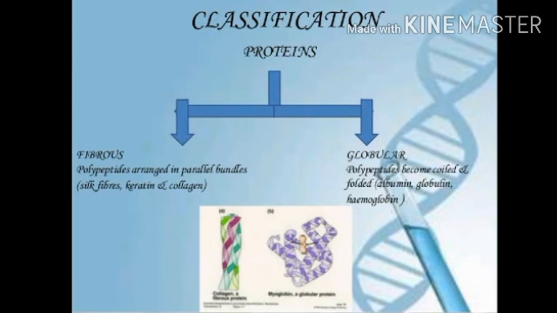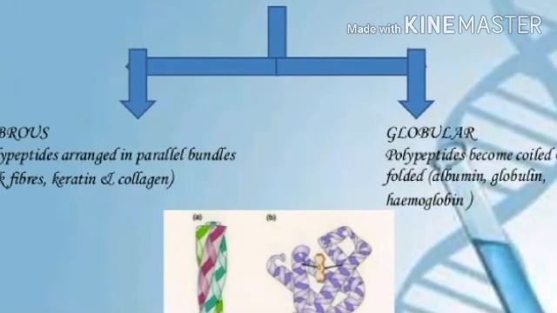Classification of protein. Proteins are mainly classified into 2 parts. One is fibrous protein, second one is globular protein. In fibrous protein, polypeptide molecules are arranged in parallel fashion.